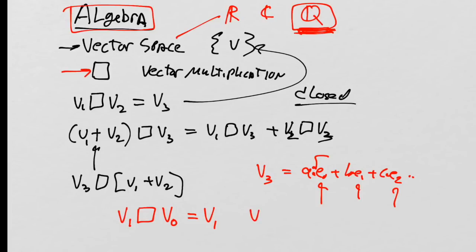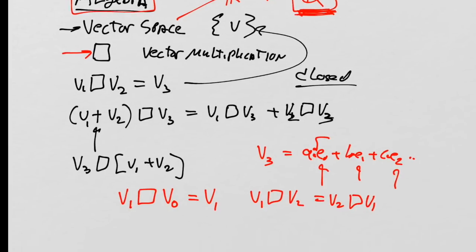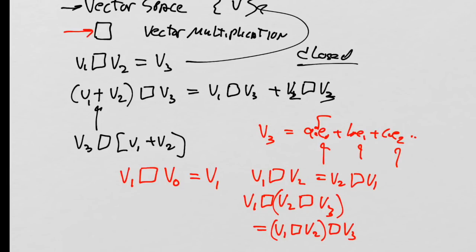I never said that V1 V2 had to be commutative, right? I never said that that had to equal V2 V1. I never even said it had to be associative, right? All I have to say is that it exists and it's closed. It does have to be closed.